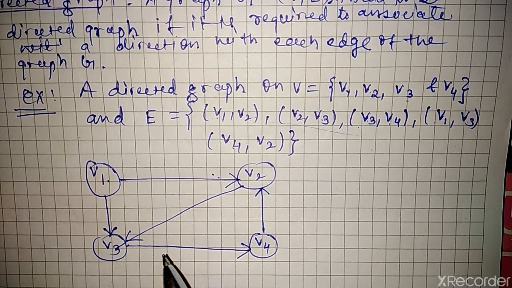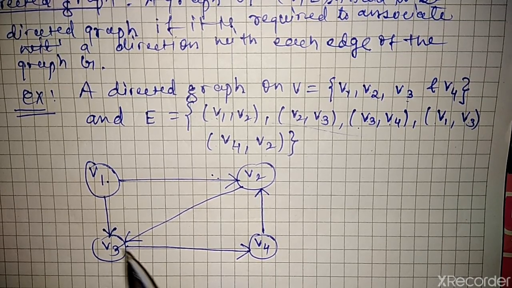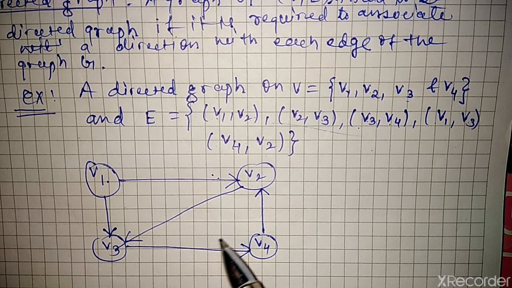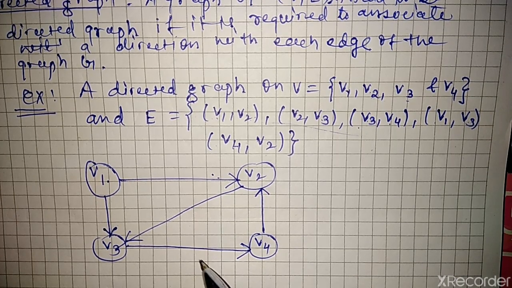From this directed graph we can define the in degree and out degree of a vertex.